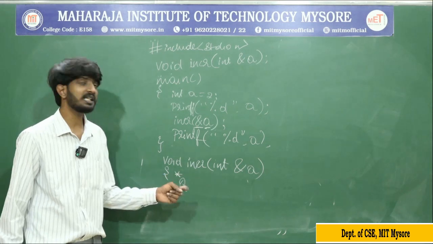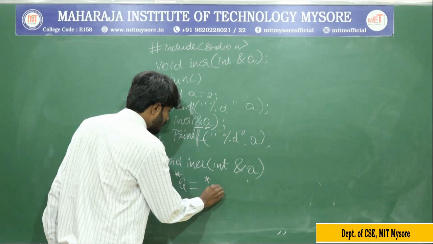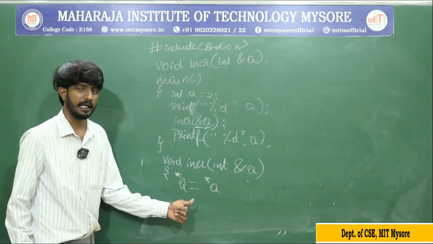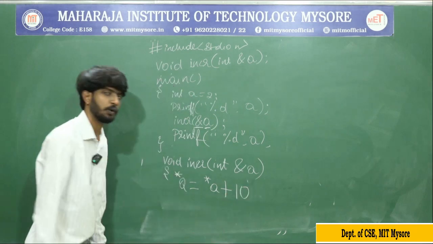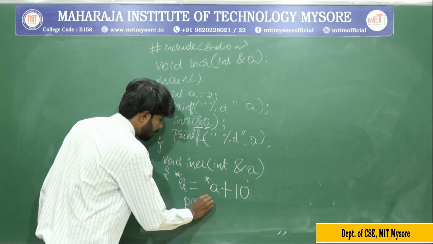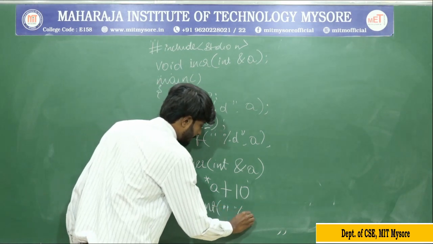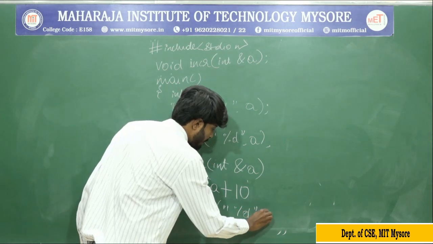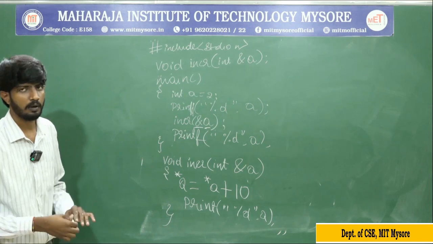Star means the value at the address. So take the value at the address and add 10 to it. Then print the value of a. Okay, so this ends our program.